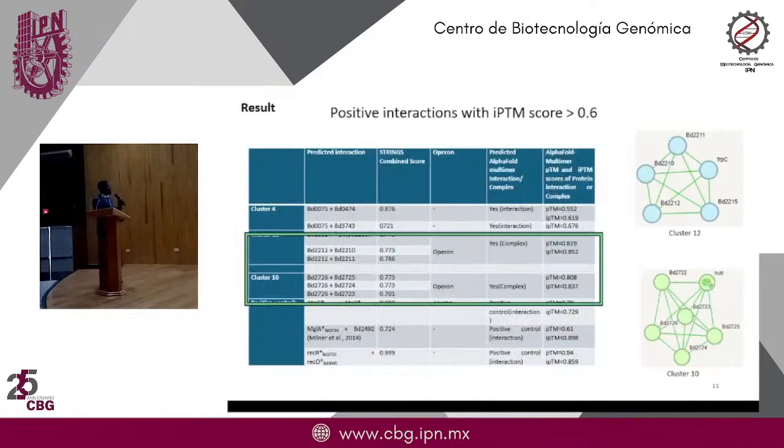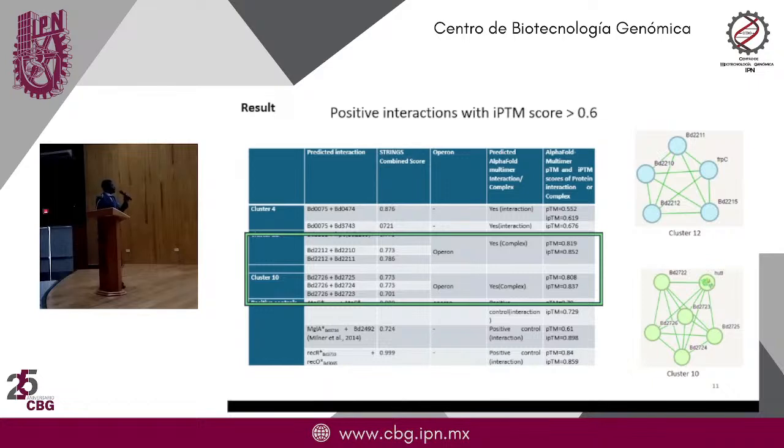So here is a table showing the STRING combined scores for all the interactions that we analyzed, and also showing the AlphaFold prediction, the AlphaFold IPTM score. So I'll explain this a bit.